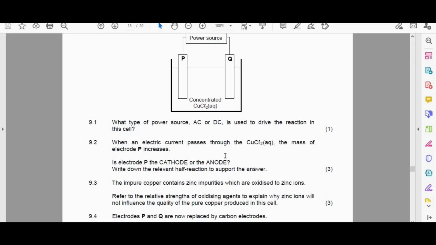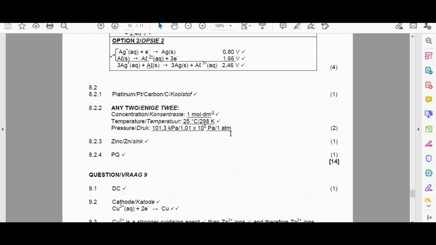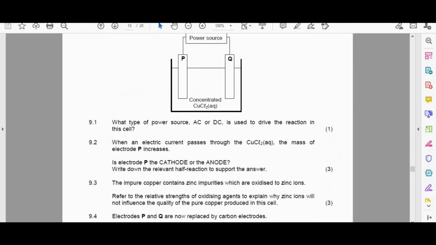Is electrode P the cathode or anode? And write down the relevant half reaction to support your answer. So, to answer that question, electrode P is your cathode. Why? Because that's where reduction takes place. If reduction is gain of electrons, then if I'm gaining, the mass should be increasing. So electrode P should be my cathode because that's where reduction is happening.